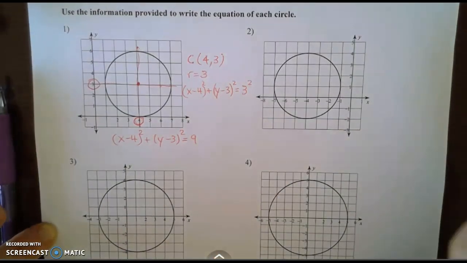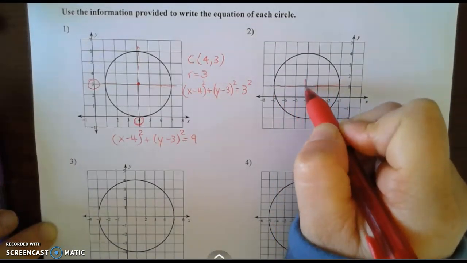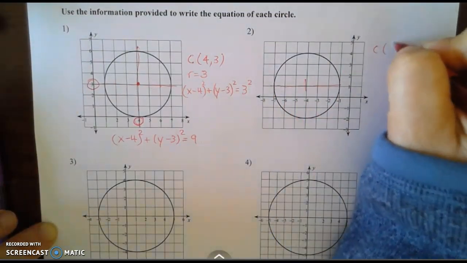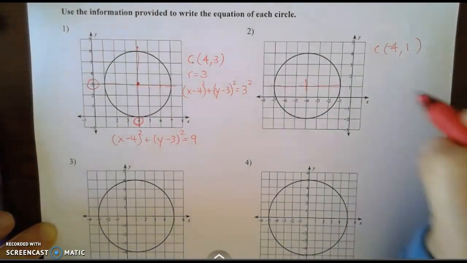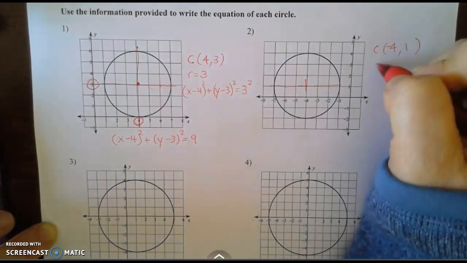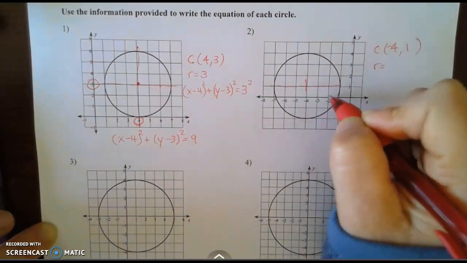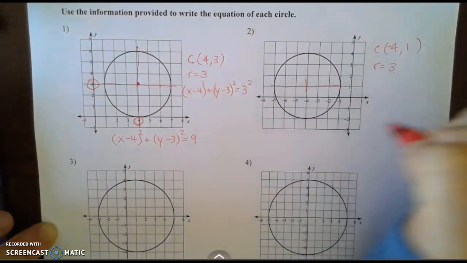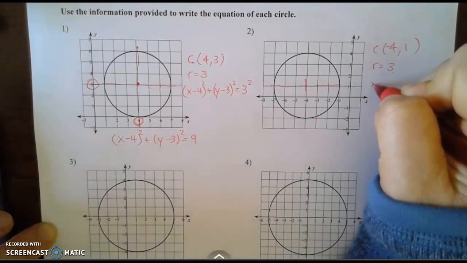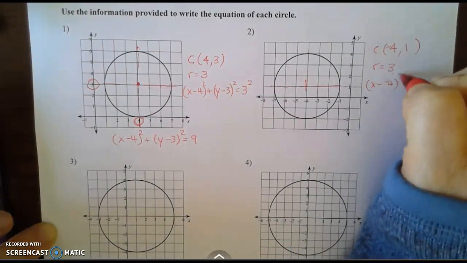All right, next problem. Where is the center? The center is negative 4, 1 this time. And r is, in this case, also 3. So 3 units to the right. So the equation becomes (x minus negative 4) squared.